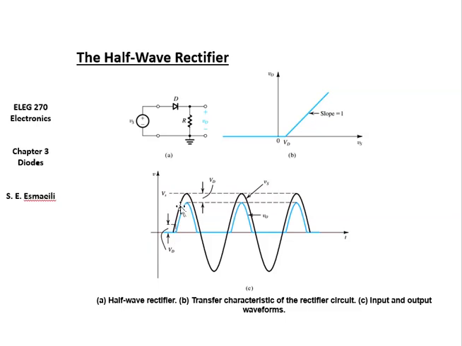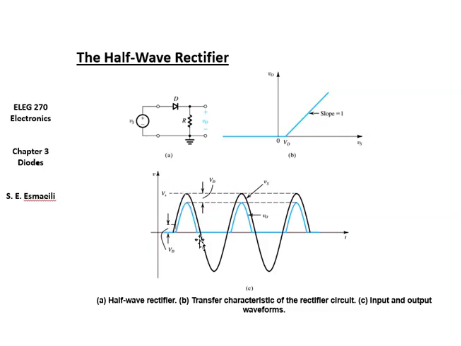So it will pass the signal, but you can see the blue one is the output and the black one is the input. The blue one is slightly smaller than the black one. This little difference that you see is that 0.7 volts. The blue is 0.7 volts less than the black in the positive cycle.